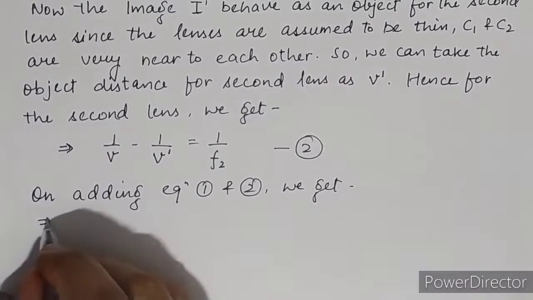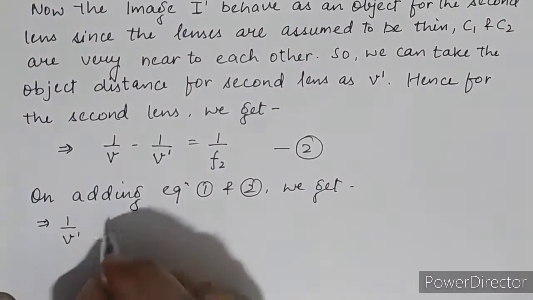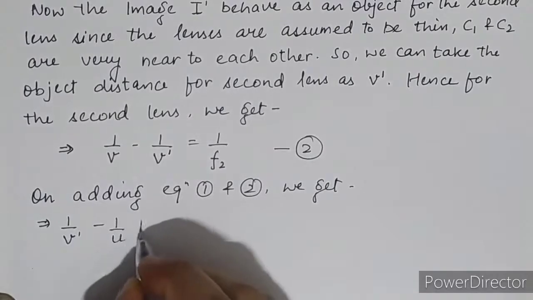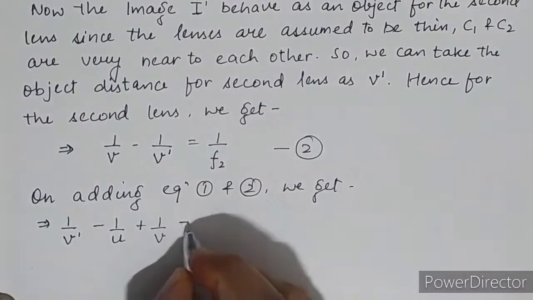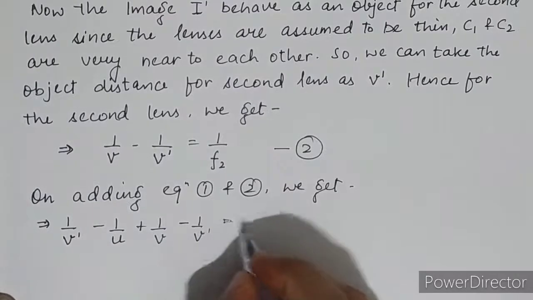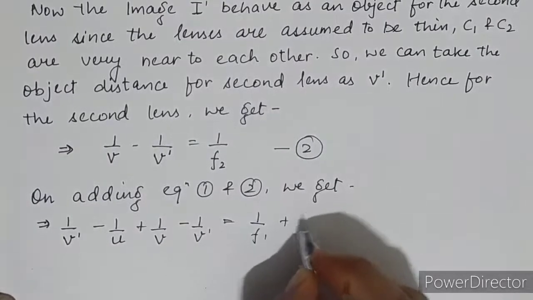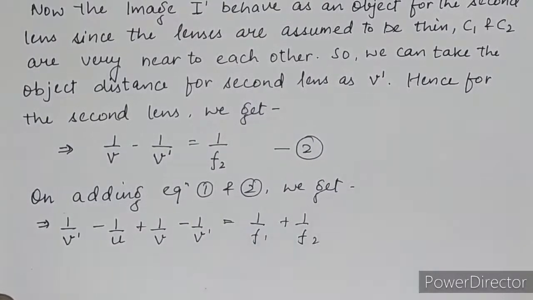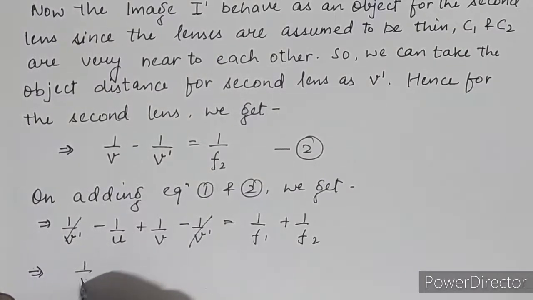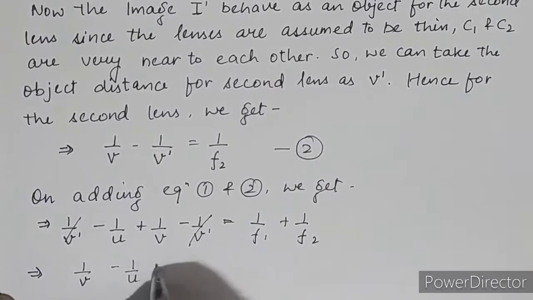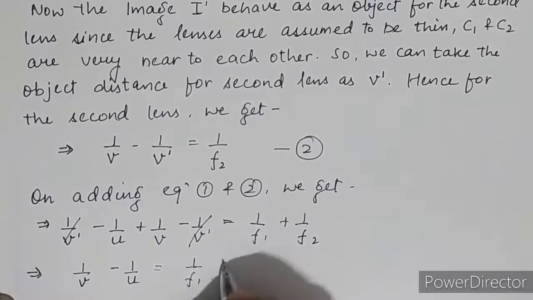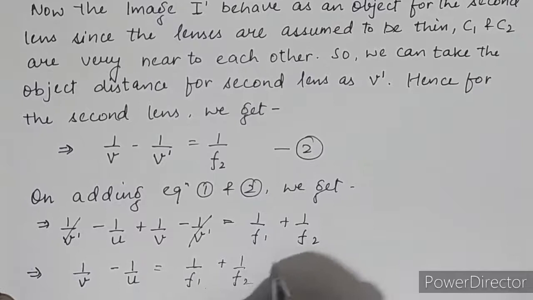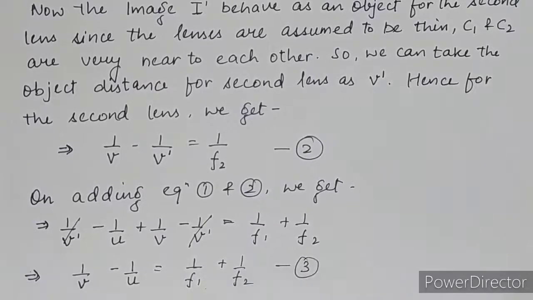Look here: 1 upon V dash minus 1 upon U plus 1 upon V minus 1 upon V dash is equal to 1 upon F1 plus 1 upon F2. So, the 1 upon V dash with plus and the 1 upon V dash with minus cancel out. Here I am writing this equation as 1 upon V minus 1 upon U is equal to 1 upon F1 plus 1 upon F2. This will be your equation number 3.